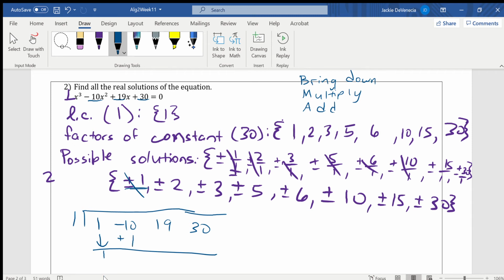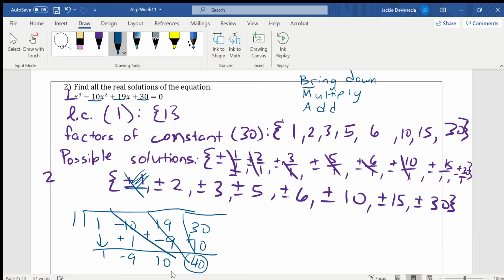Add these two. This is negative 9. Multiply, add, multiply, add. And now you're going to see that doesn't give me a 0, right? Because it doesn't give me a 0, 1 is not going to work.